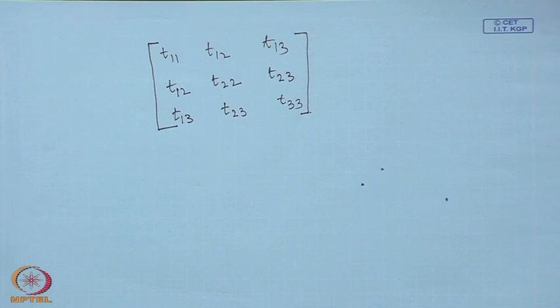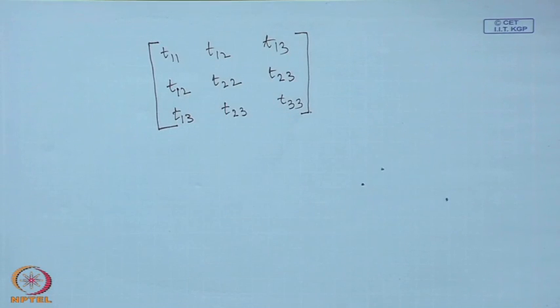So, what is this force? This is a force normal to that plane. So, all these diagonal components represent normal stresses, the stress which is normal to the face on which it is acting.